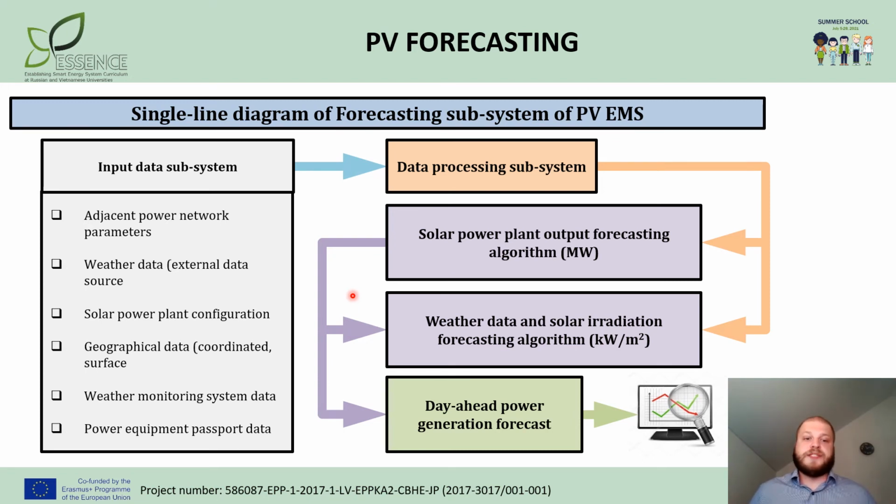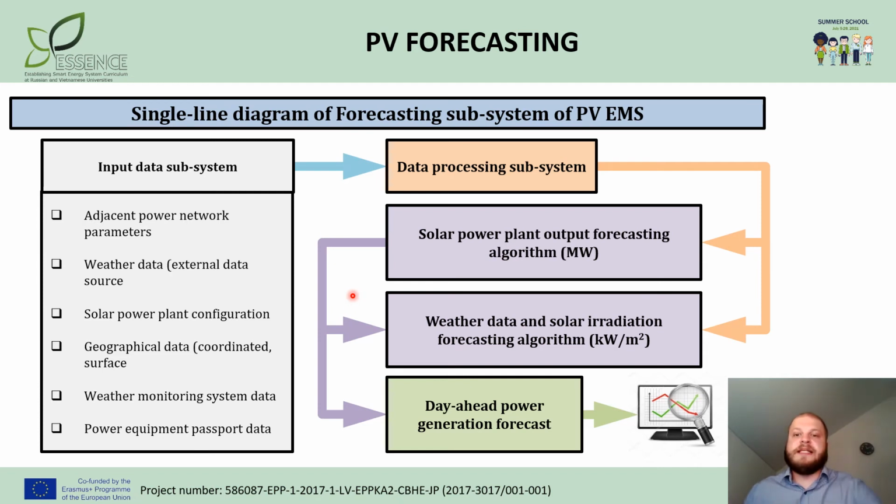Geographical data can be extracted from some GIS system. Weather monitoring system data is collected from the local meteorological station. And finally, we have power equipment passport data, which is quite static because we can store this data before implementing energy management systems. It's the very basic data already stored in specific data storage facilities.